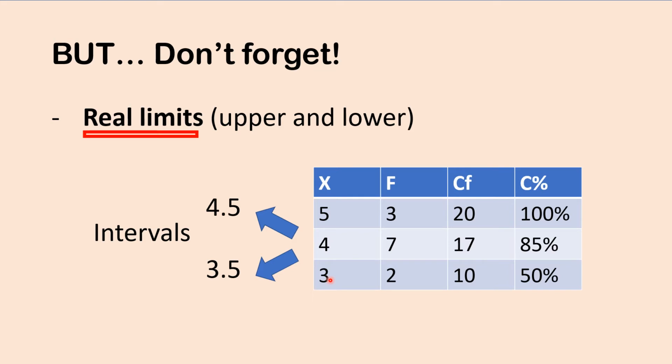They're actually intervals. And what that means exactly is that if we have a raw score of 4 here, this value does not just represent 4, but it represents anything from 3.5 to 4.5. Hence, it's actually an interval.